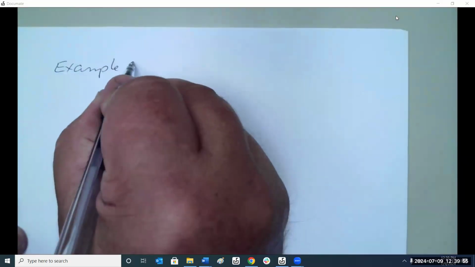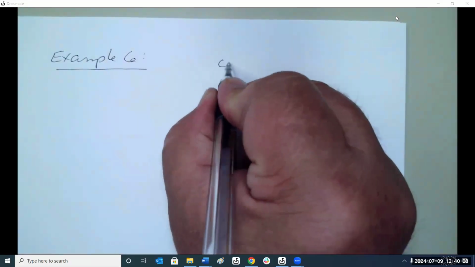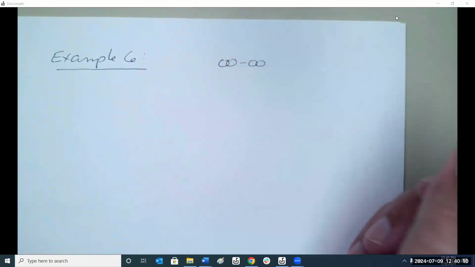Let's look at example 5. Now we have another property here that looks at example 6. So where's the example? There it is. We're looking at infinity minus infinity.